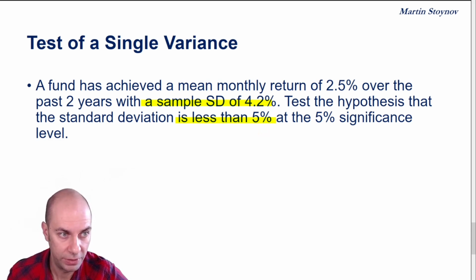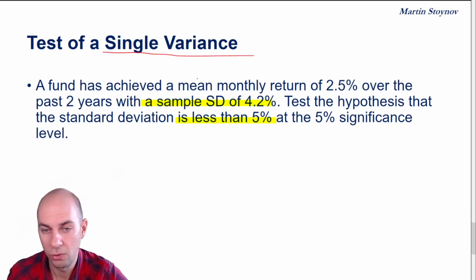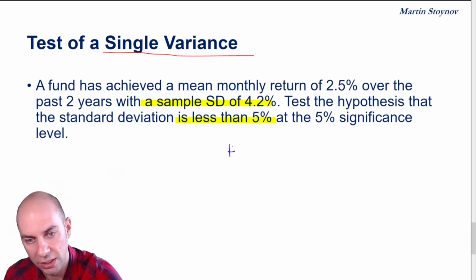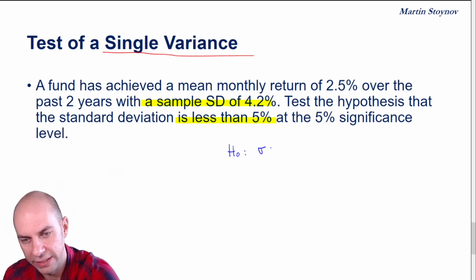So here we are basically performing a test on one variance or one standard deviation. So our null hypothesis may look like this. We could say that the null is that the volatility is greater or equal to 5%, and the alternative is that the volatility is less than 5%.